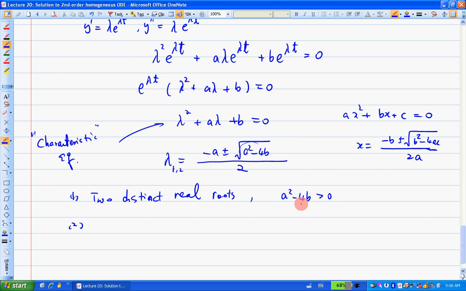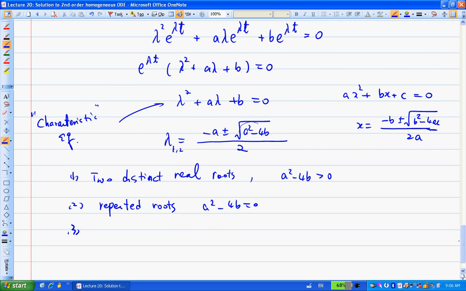When this guy is equal to 0, you end up with just 1 solution, not 2. We call that repeated roots. And the last situation is related to what we just learned. If this guy is less than 0, then the square root of a negative number becomes a complex number. So then you have 2 complex roots.